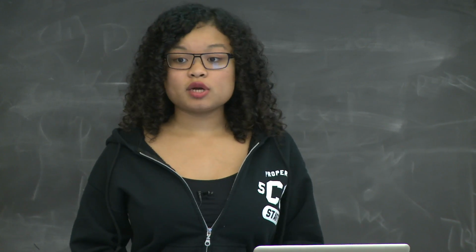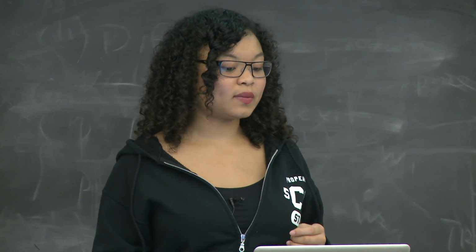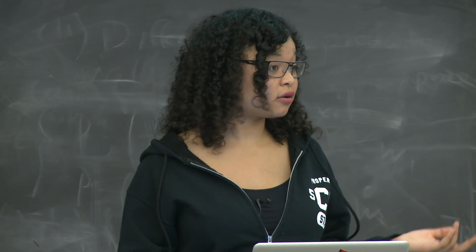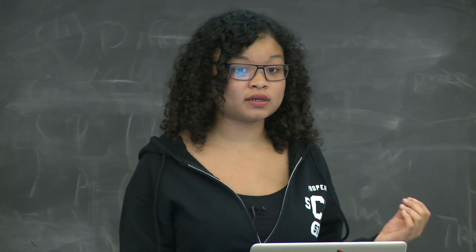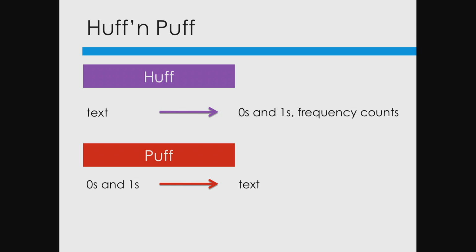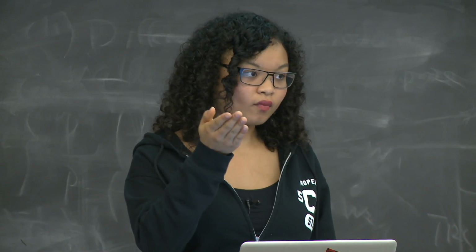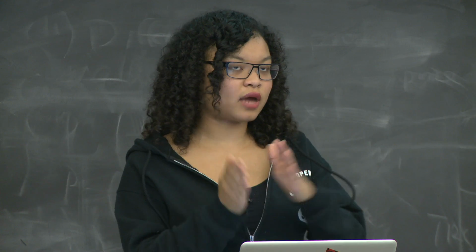In the standard edition of the P set, your task is to implement puff. And in the hacker version, your task is to implement huff. What huff does is it takes text and translates it into zeros and ones. Basically the process that we did above, where we counted the frequencies and made the tree and then said, okay, if t, how do I get t?